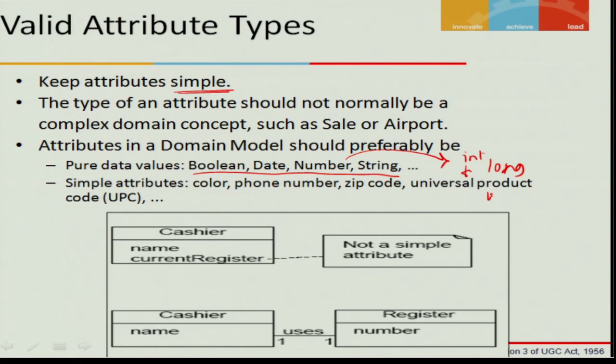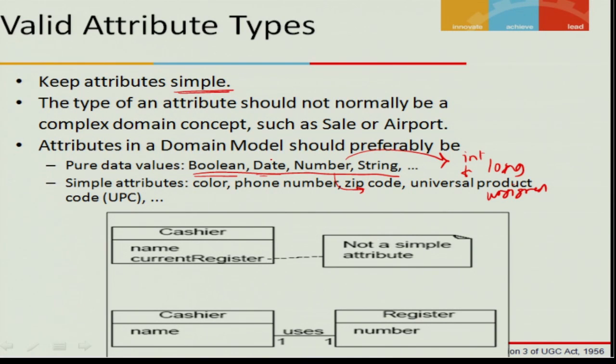Long, unsigned, if you are using such data types, you are thinking like a programmer. Don't do that. Just say number. Maybe you can say fractional number, real number, or integer number. But you cannot go beyond and think like a programmer to add very specific data types. They should be general purpose data types like boolean, date, number. These are pure data values.